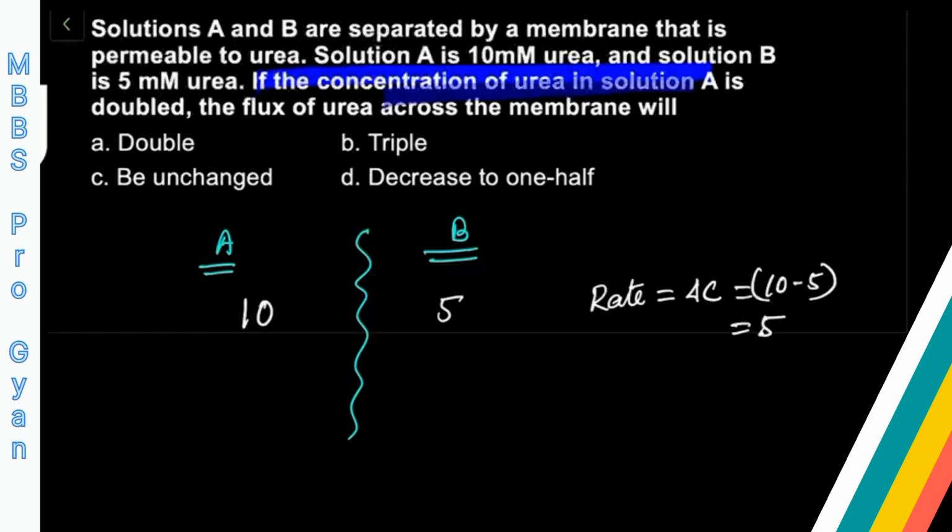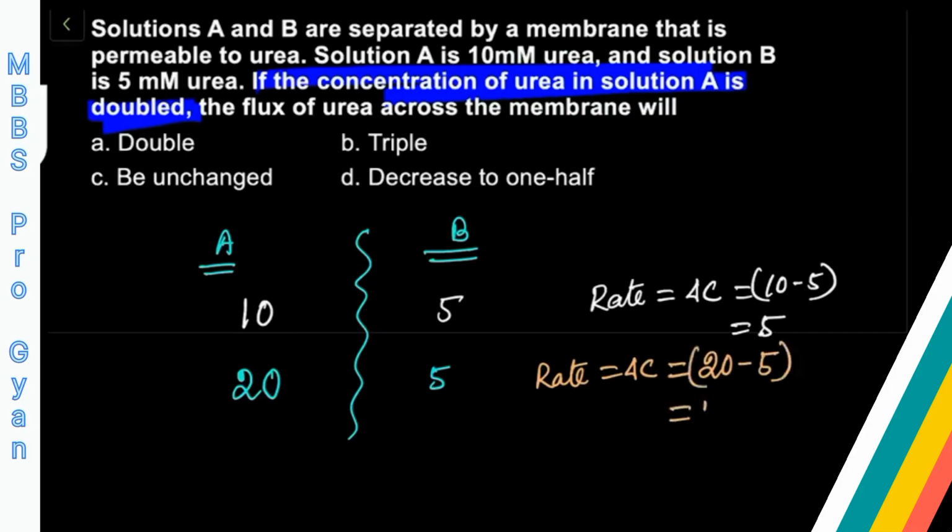Now the question says that if the concentration of urea in solution A is doubled without changing B, you are changing this concentration from 10 to 20, keeping the same concentration in compartment B. In this case, if I calculate the rate, it again depends on delta C. Delta C is 20 minus 5, which is 15.